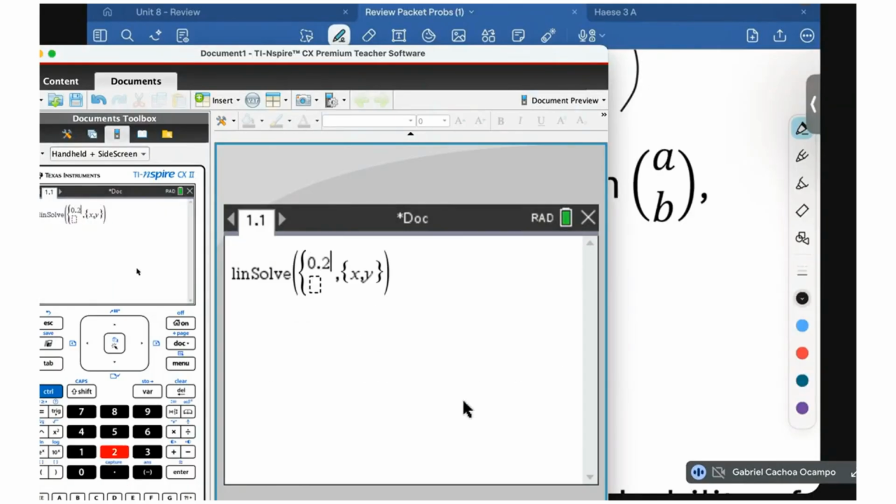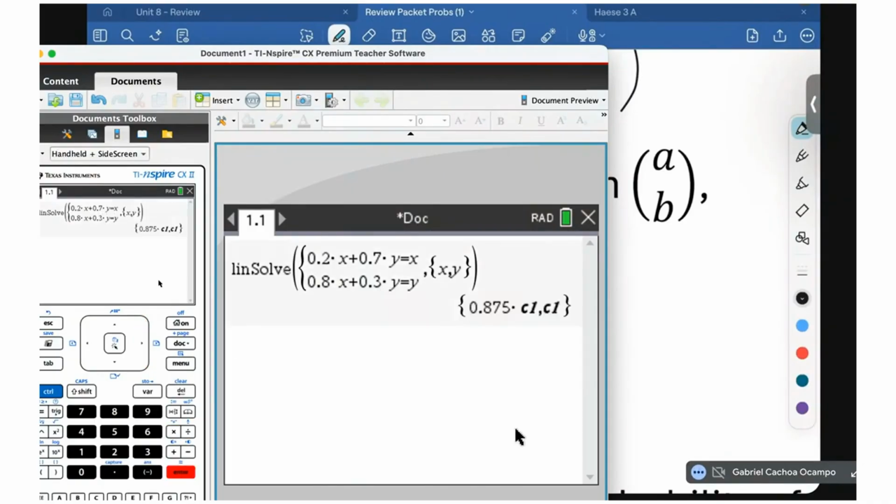So it is 0.2 times x plus 0.7 times y equals x, and 0.8x plus 0.3y equals y. I am missing this times.